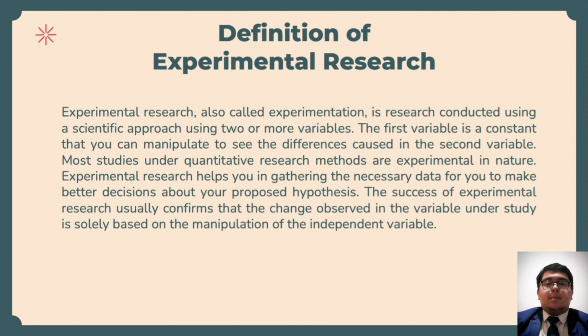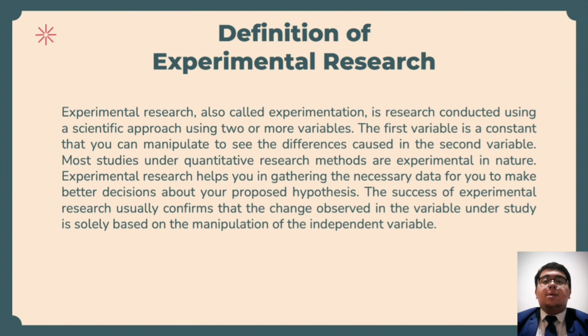The success of experimental research usually confirms that the change observed in the variable under study is solely based on the manipulation of the independent variable. In simple words, an experimental research design is a method that is used to collect data for experimental studies. There are two types of experimental research design.